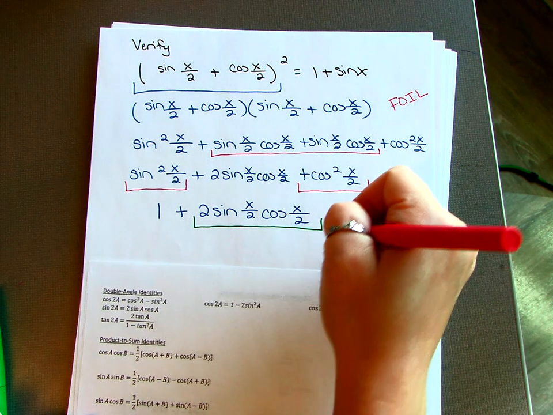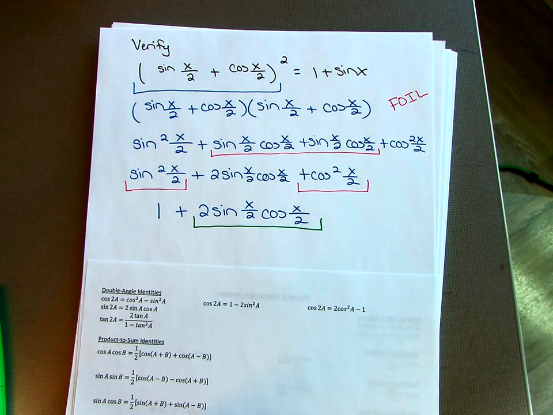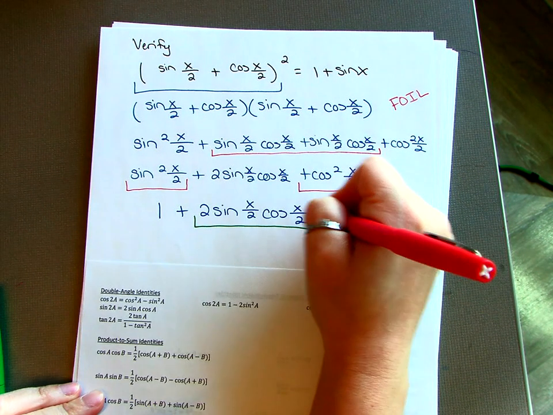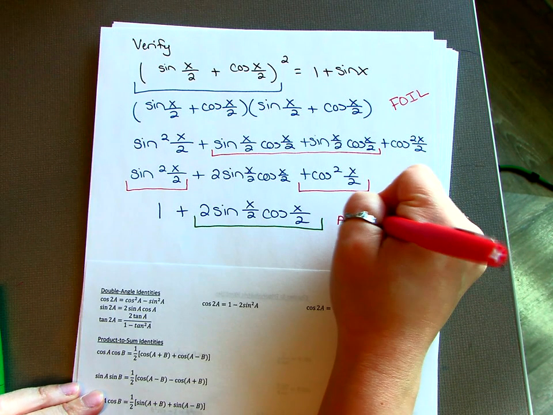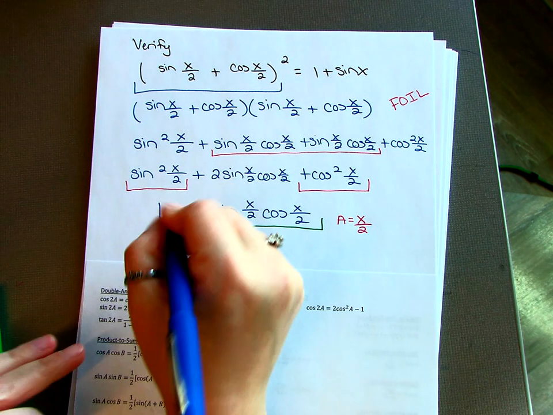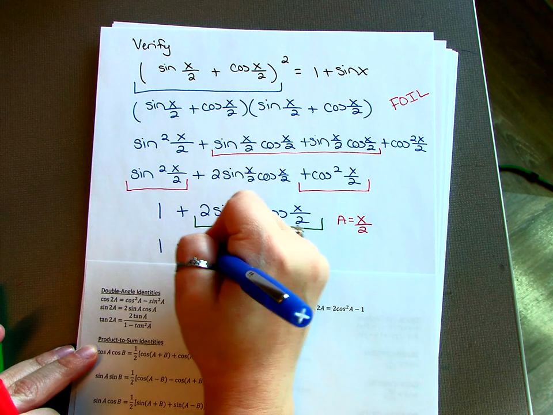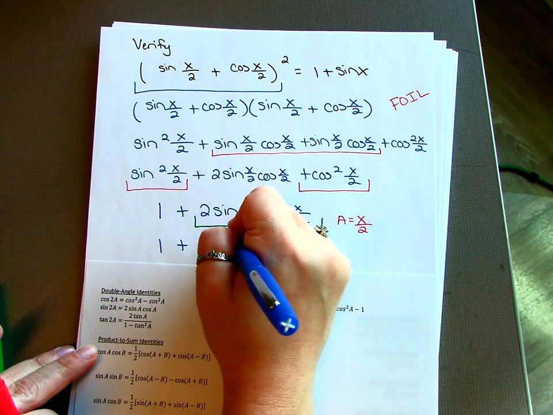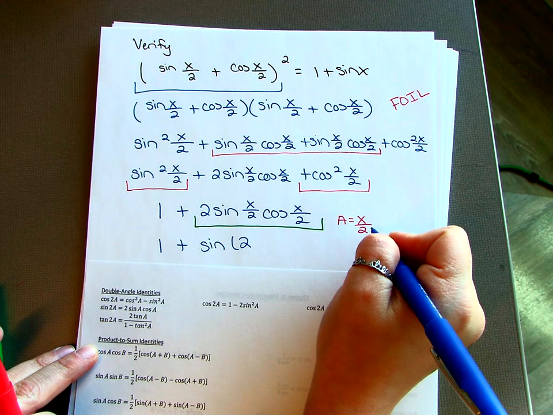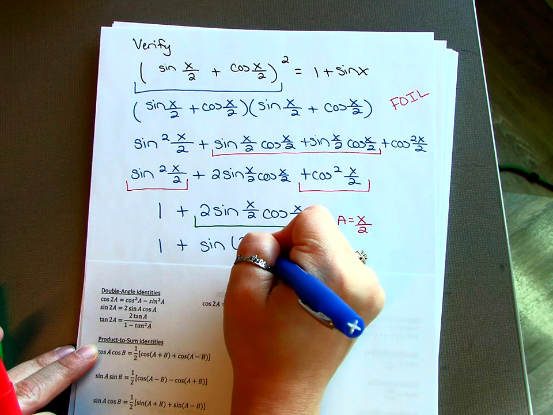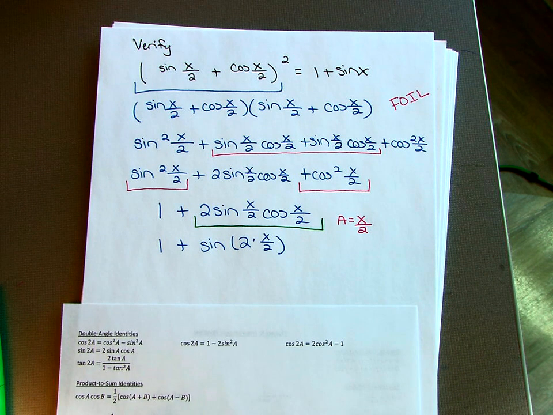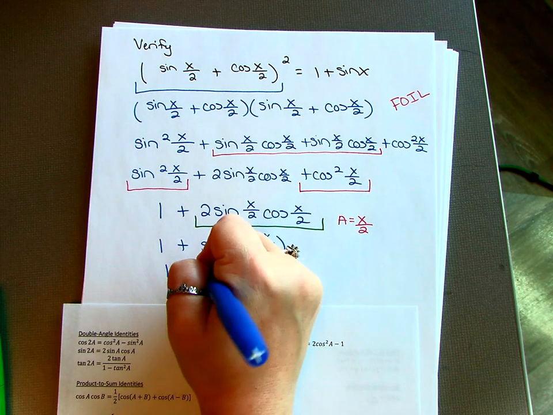Yeah, it's going to be x over 2. A equals x over 2. So then when I write this, we saw that 1 out front, sine of 2a, instead of writing a, I'm going to write x over 2. Two times x over 2 gets me down to 1 plus sine x, which was where we were headed.